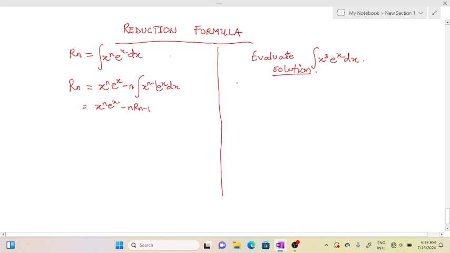So our first R n, where n is 3 as we begin because the question says x cubed multiplying e to the power x, will be equal to x cubed e to the power x, minus n, and n is still 3, multiplying the integral of x to the power n minus 1. So I reduce n by 1 and have x squared e to the power x. This is the first reduction.